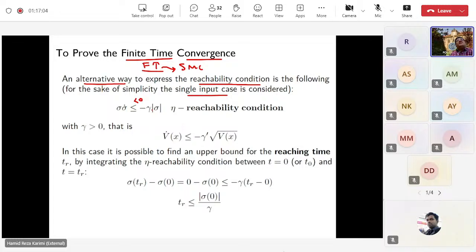Then we can change it to this: sigma dot should be less than minus gamma times the norm of sigma, also for the reachability condition. Gamma should be positive, and if this condition is satisfied, of course, this is also negative.